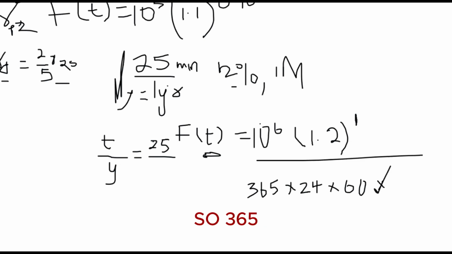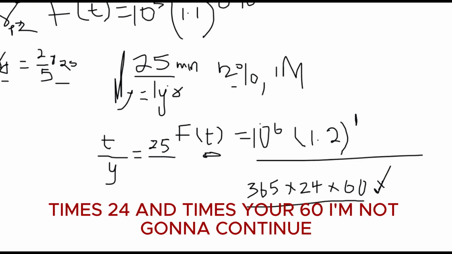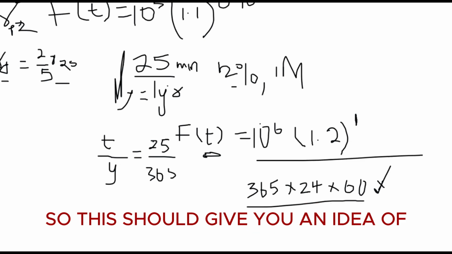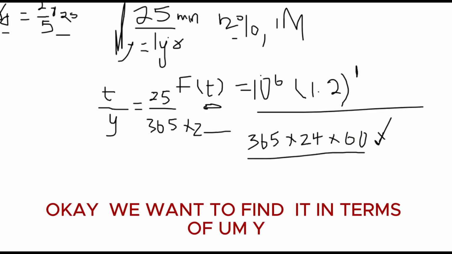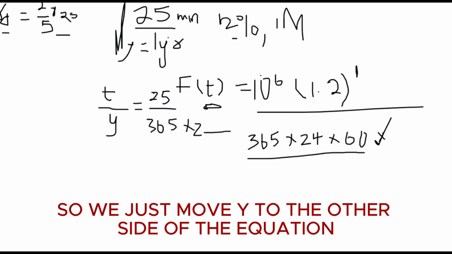So 365 times 24 times your 60. I'm not going to continue. This should give you an idea of how our answer is going to look. We want to find it in terms of Y, so you just move Y to the other side of the equation.